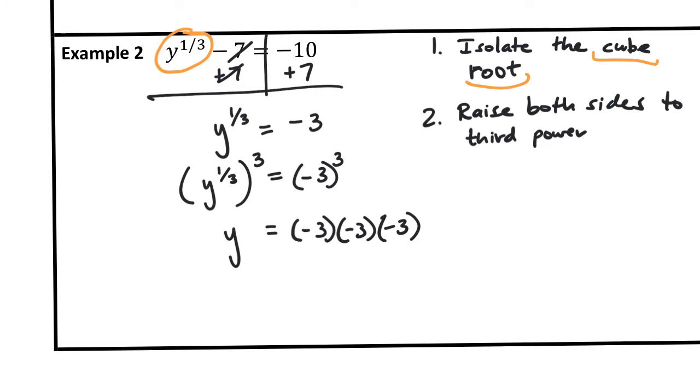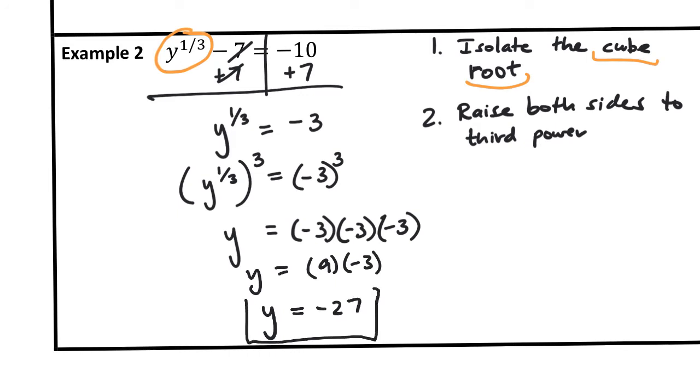Well, -3 times -3 is +9, and then 9 times -3 is -27.